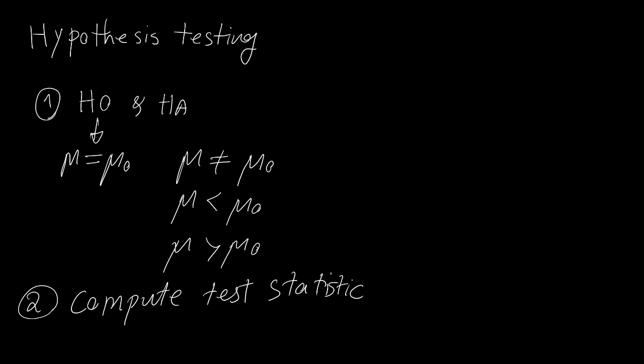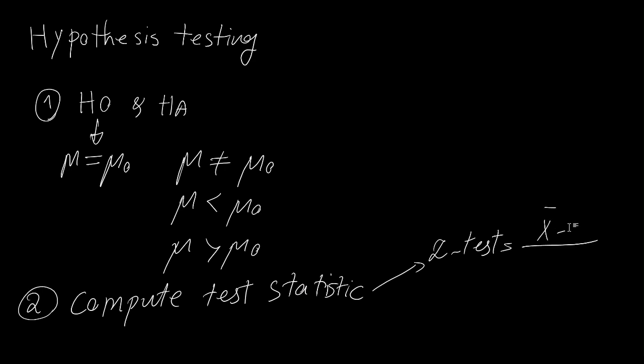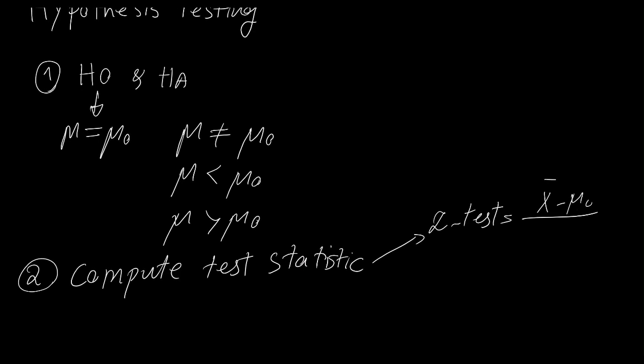So when n is large or sigma is known, we use the z-test. And the z-test is x bar minus mu 0 divided by sigma over square root of n.